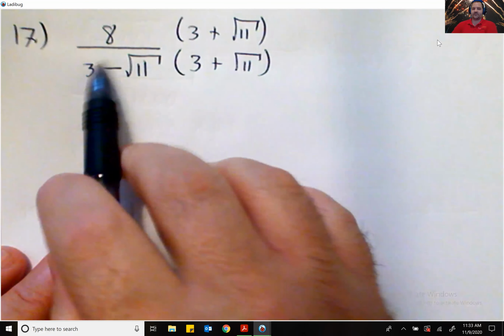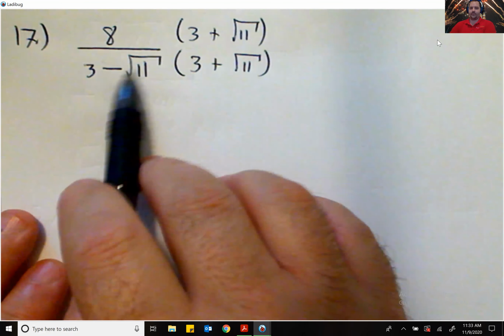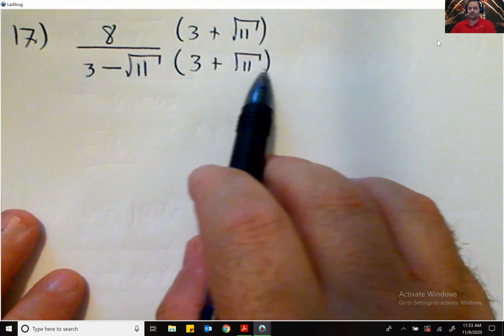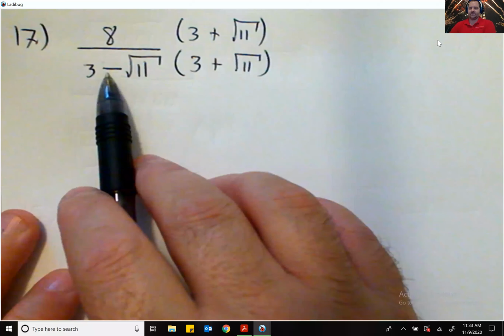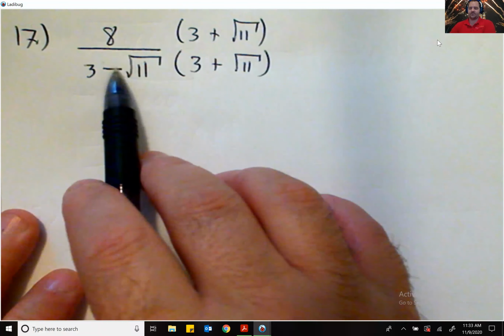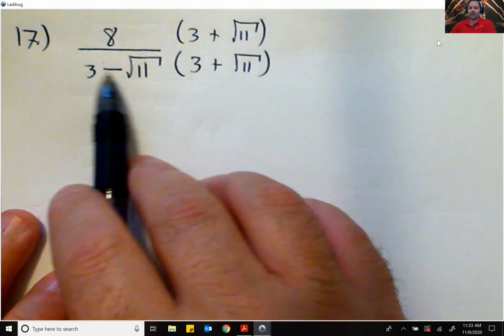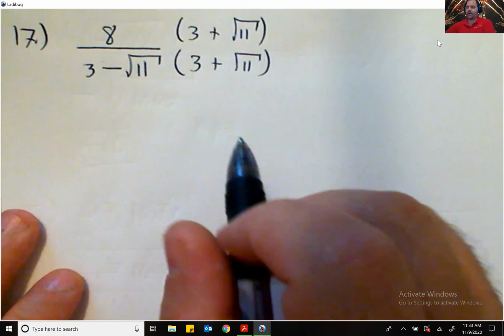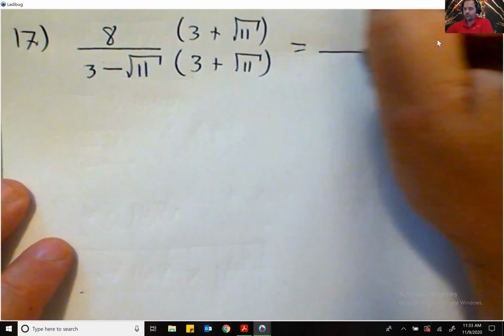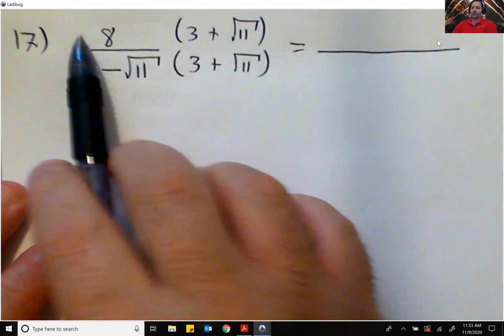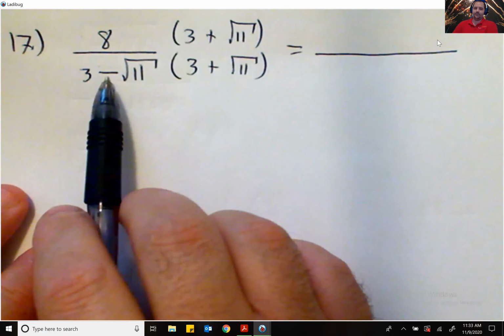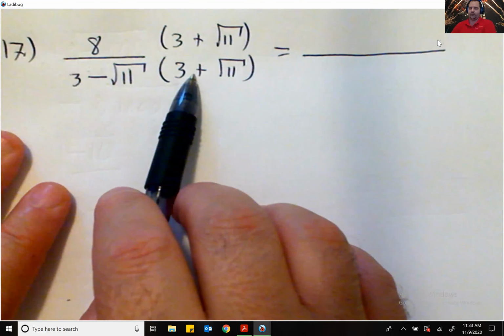Whenever you have addition and subtraction with a radical in the denominator, you got to use conjugates. The conjugate is just changing the sign to its opposite, so a minus becomes a plus. All we got to do now is a little bit of distributing, but we don't really do the full FOIL down here.